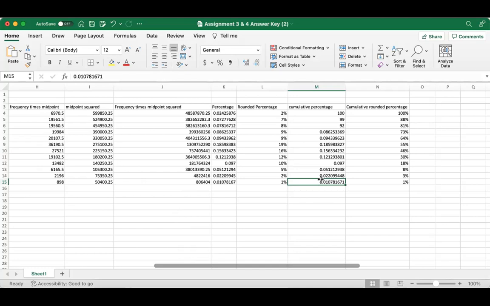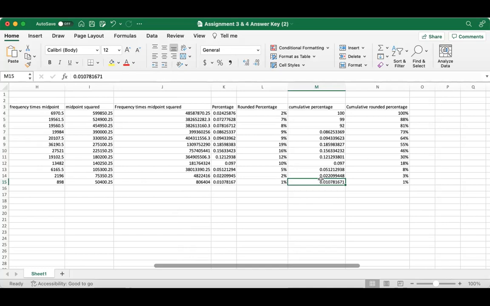But I did it with formulas to reference the previous number. I feel like some of you are like, makes sense. Some of you are like, I don't like the formula or something. Or is it all making sense? So you ready for cumulative rounded percentage? Or anybody totally lost?